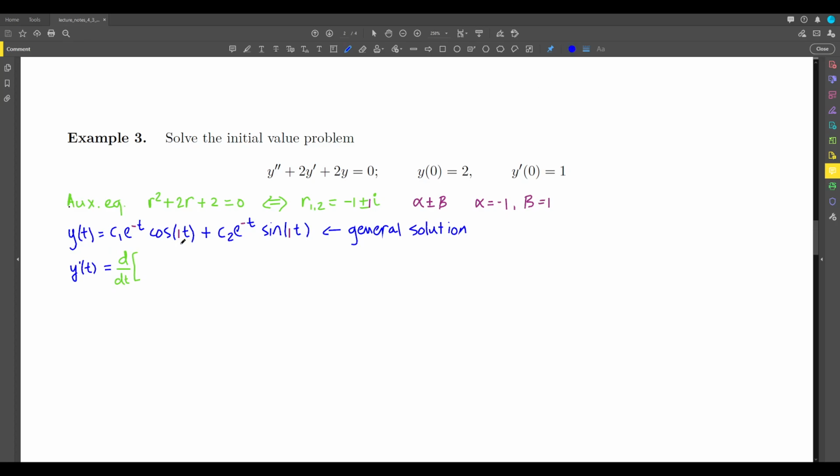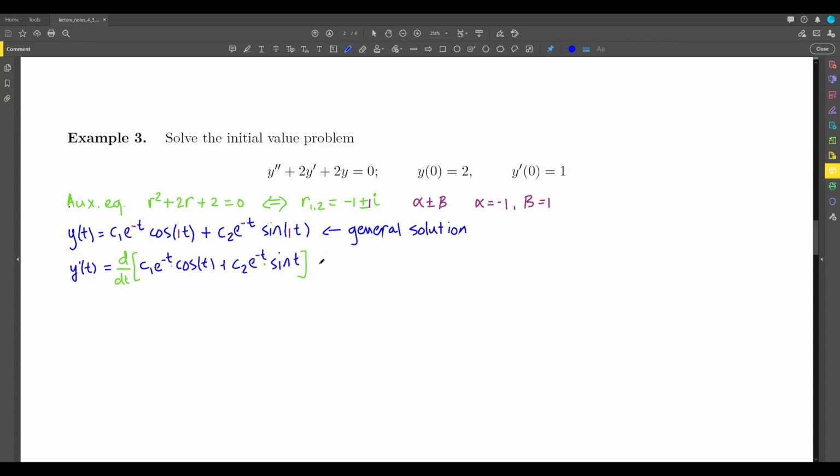So I'm going to write c1 e to the power -t cosine of t plus c2 e to the power -t sine of t. And what I'm going to do now is I'm going to use a product rule here, because we have a product of two functions here twice.